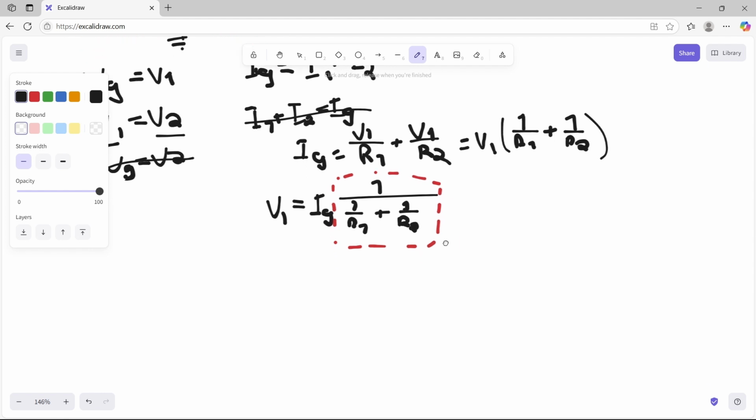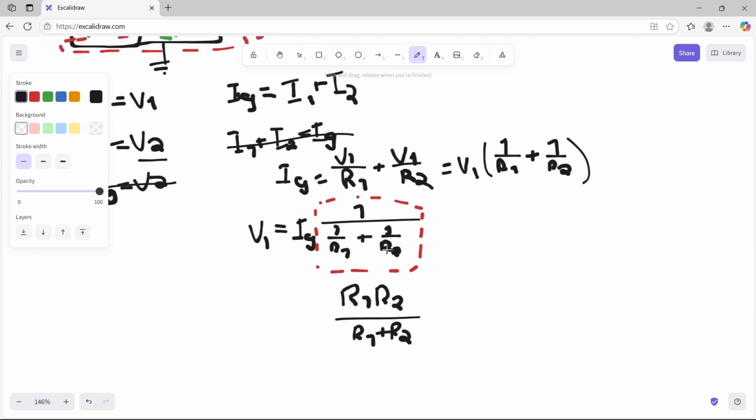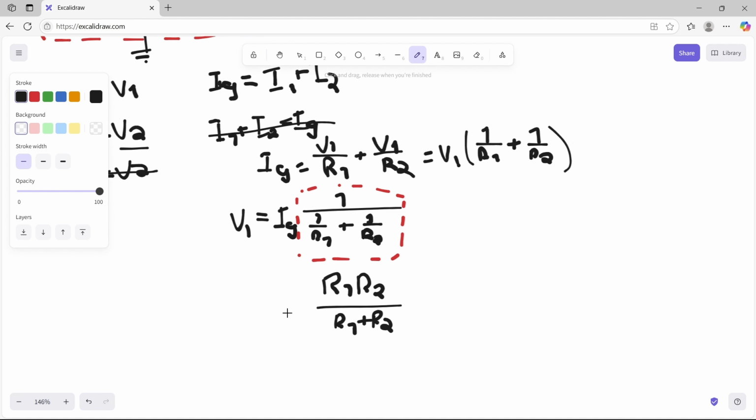And really what it will boil down to, if you work it out, is going to be R1 times R2 over R1 plus R2. And you can get there from multiplying the whole thing by R1 R2 over R1 R2, and you can see where that math will lead you. So we can just redraw our equation with that in mind.